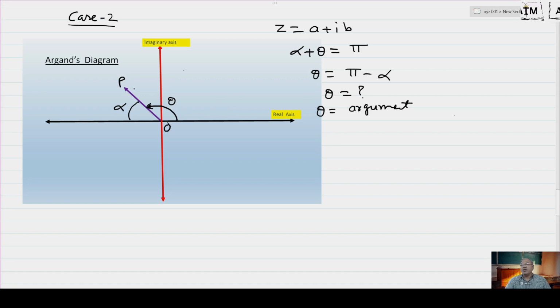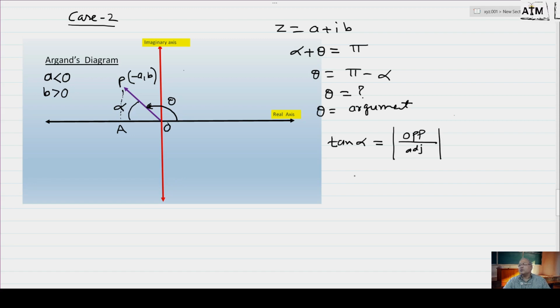When the ray OP lies in the second quadrant, a is less than 0 and b is greater than 0. Therefore, the coordinates of point P become (minus a, b). From the point P, draw a projection cutting the real axis at the point A. From the diagram, tan alpha equals opposite side upon adjacent side.